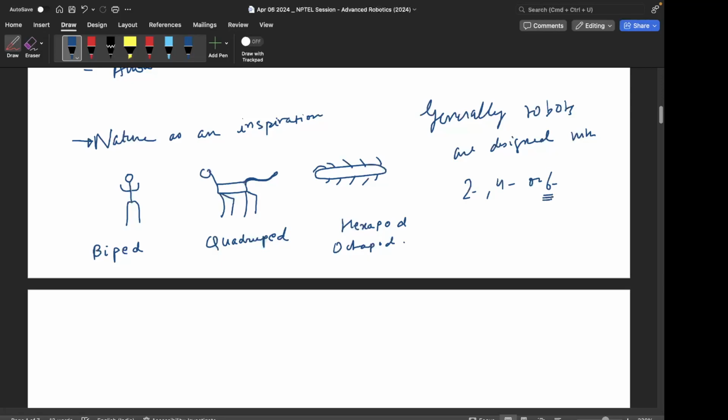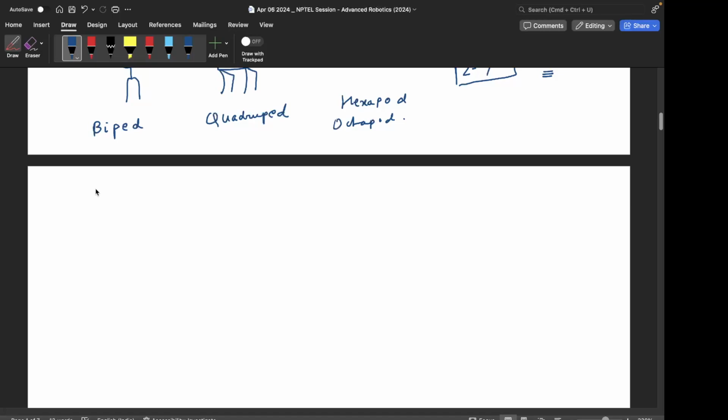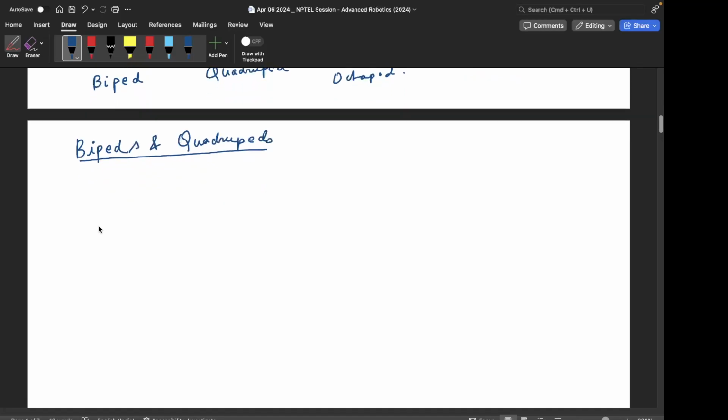So six legs is also a very small number. Primarily, it is either two legs or four legs, right? So bipeds and quadrupeds. Okay, so we'll focus on these two types only, bipeds and quadrupeds.